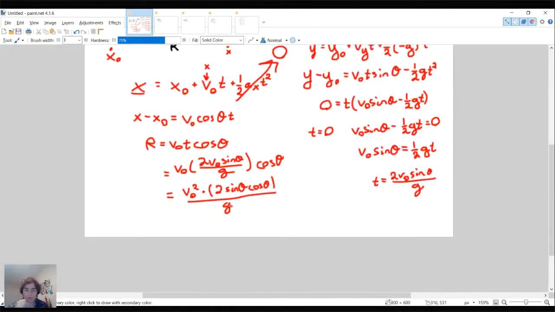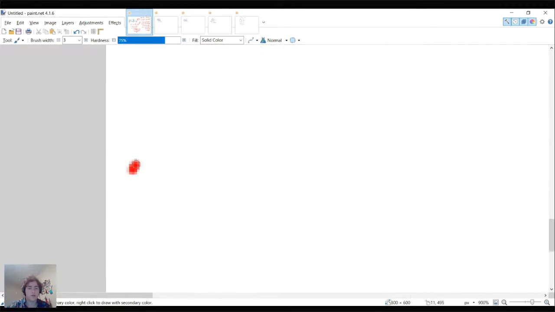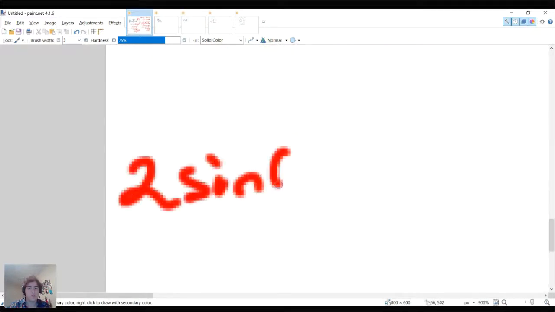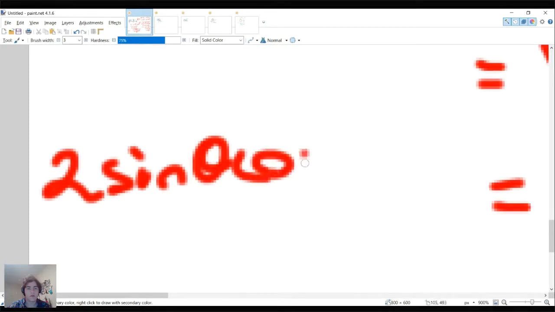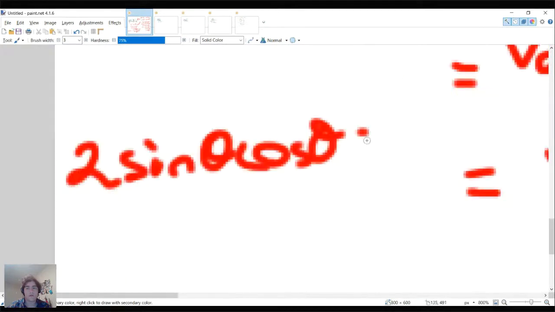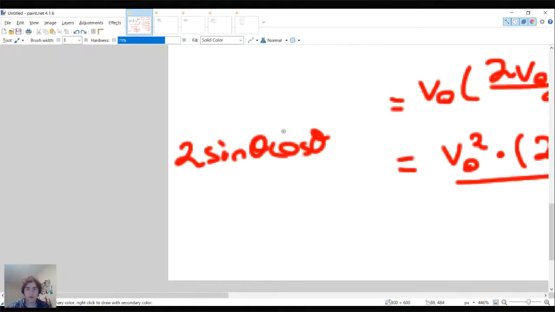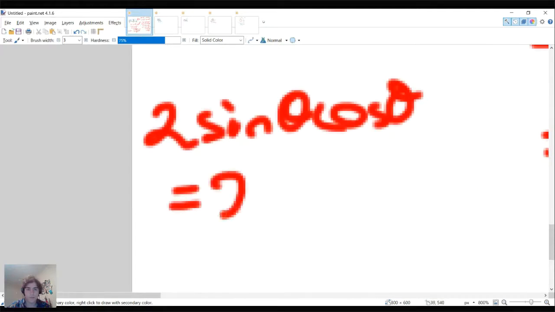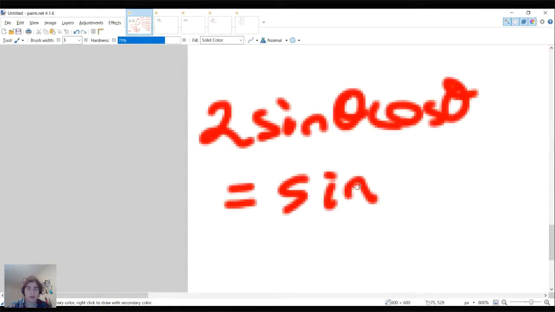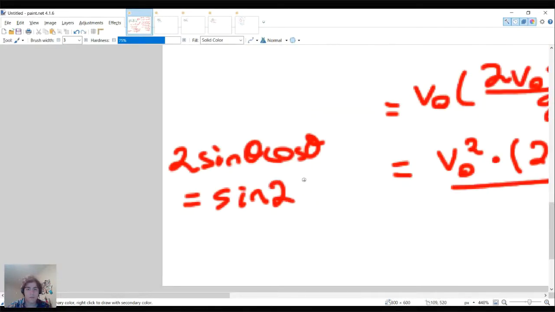If you're in pre-cal, or if you've taken pre-cal, because I don't think normal pre-cal classes are there yet, this right here, 2 sine theta cosine theta, is also equal to, write that down here, not 2 sine theta, sine of 2 theta.